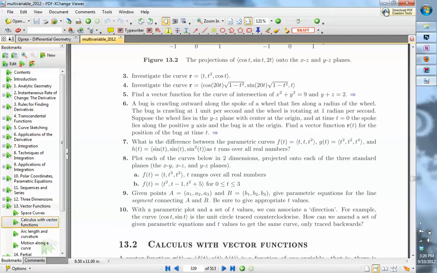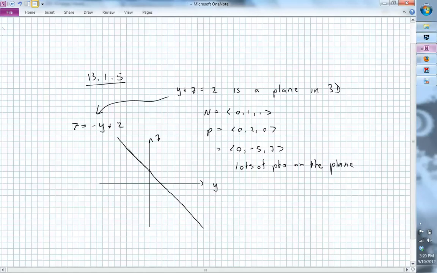The cylinder was x squared plus y squared equals 9. That's not the whole cylinder, but it indicates where it lives.